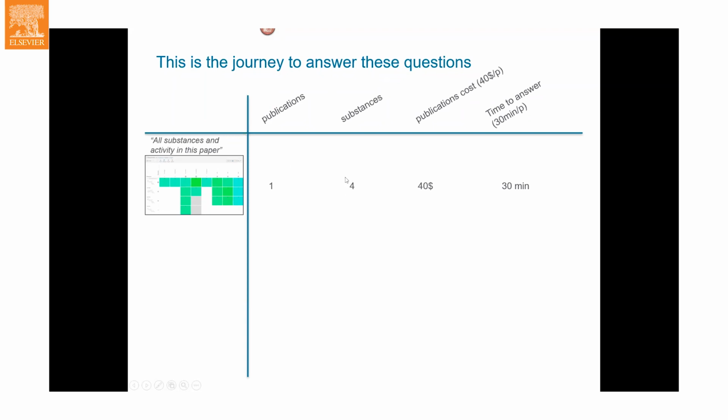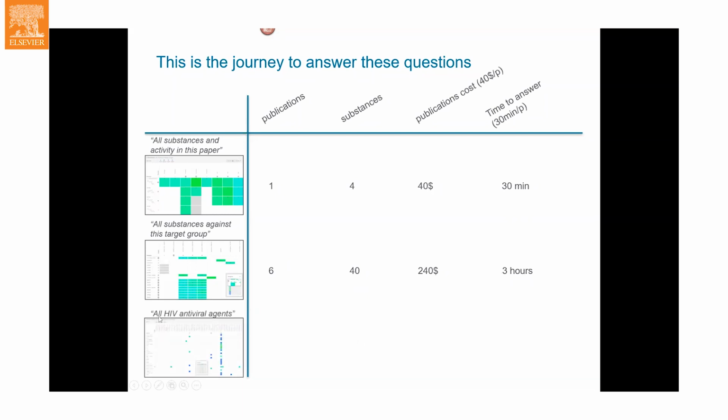For example, it contains about 4 substances. The usual cost per paper is $40, and you need just half an hour to do all of this. To answer the second question, let's assume that we need about 5-6 papers. It's about 40 substances, and you can do it in 3 hours.